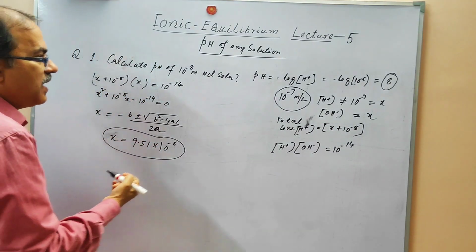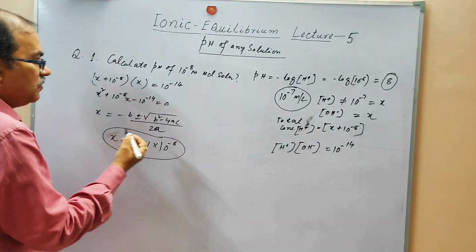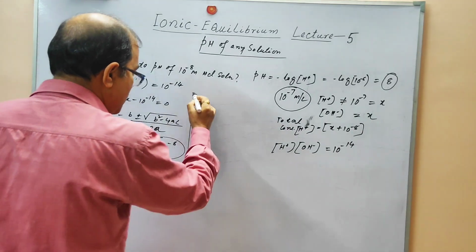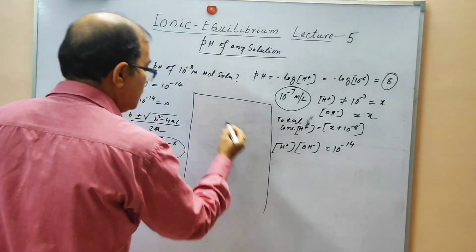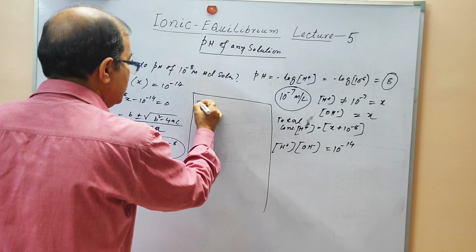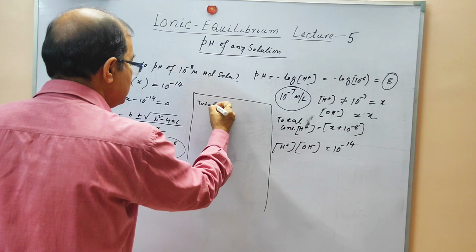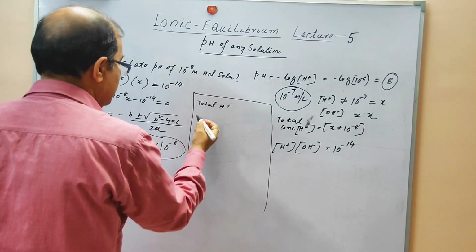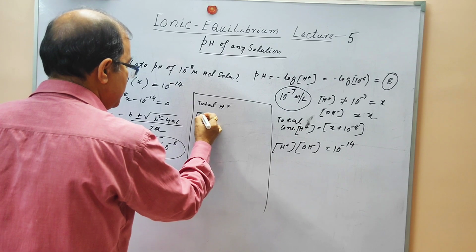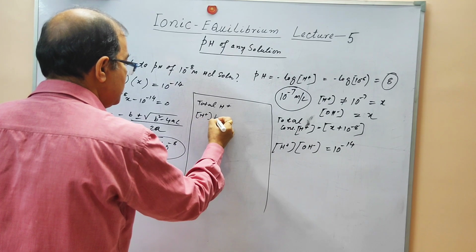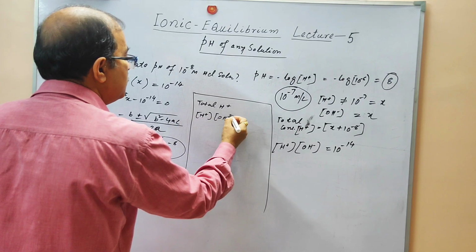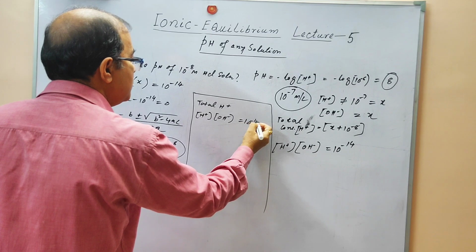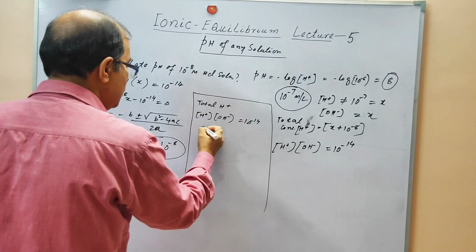So now what will be the total H plus ion? We can calculate that from this. Again we can use H plus and OH minus, whose product is 10 to the power minus 14, and we put in this value.